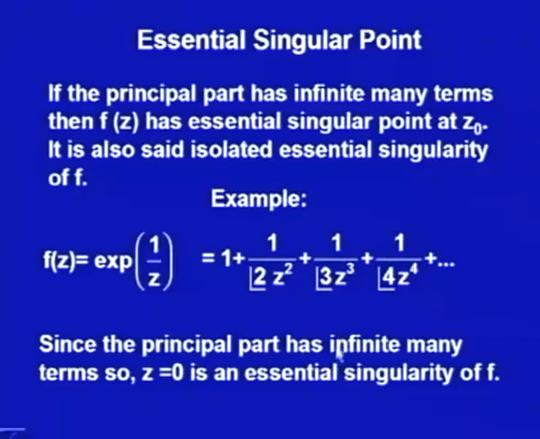Now, we had used this Laurent series or the principal part to define or to classify the isolated singularities. We had made actually 3 kinds of classification. One is essential singularity, another is poles, and in the poles again we have made 2 things, that is simple pole and pole of mth order.